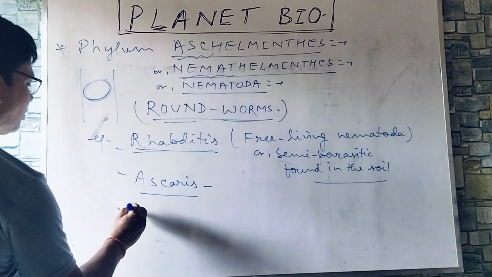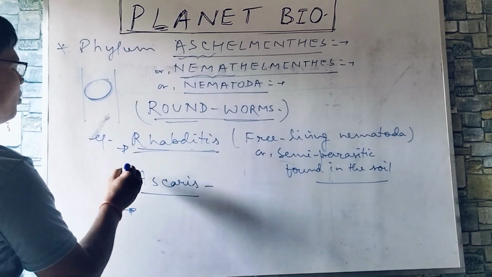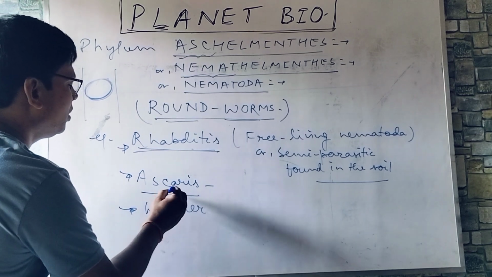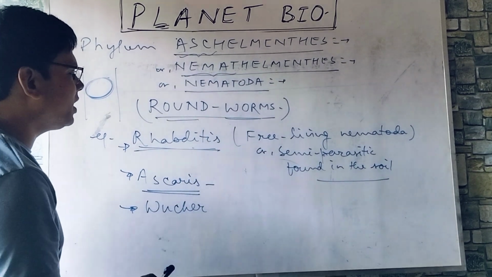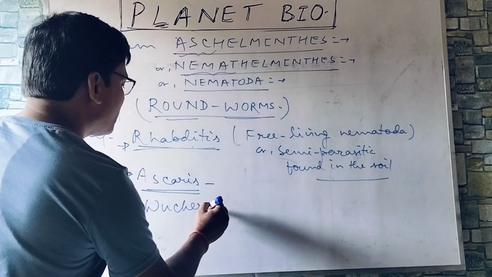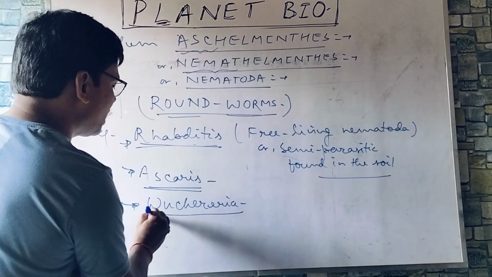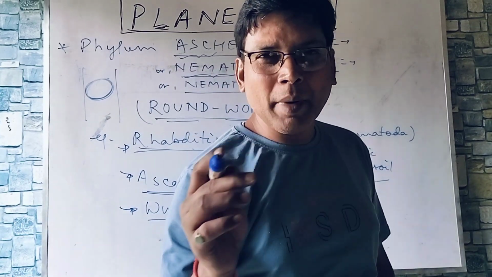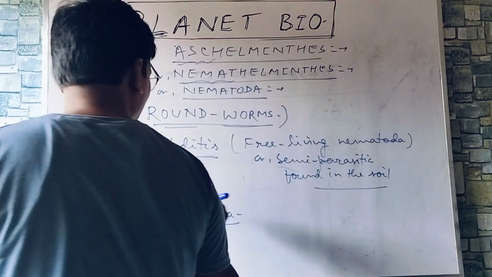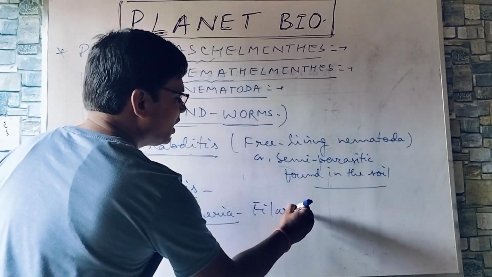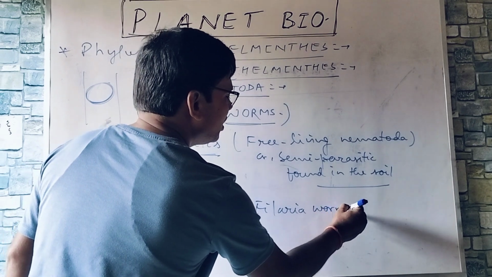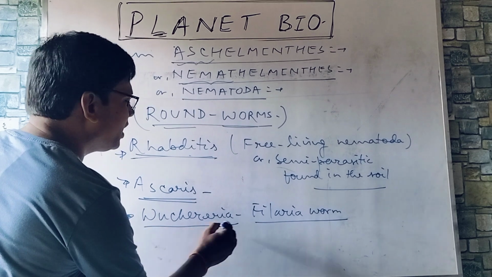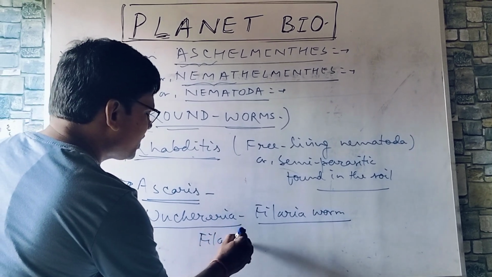Another one, which you also have to study in standard 12, that is Wuchereria. The full name of Ascaris is Ascaris lumbricoides, and Wuchereria is another nematode. Full name is Wuchereria bancrofti and Wuchereria malayi, and this is the filaria one. It affects the lymphatic system. First it causes filariasis.